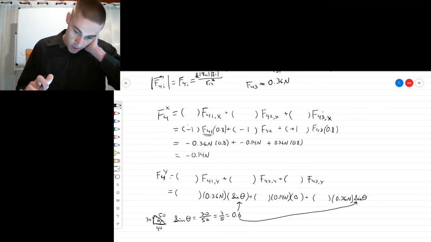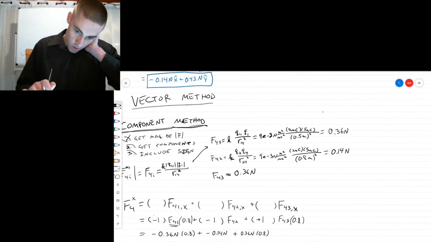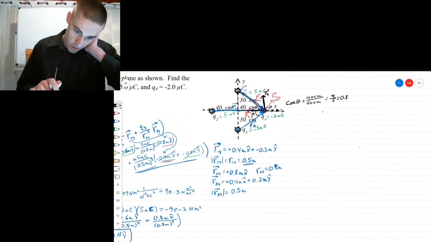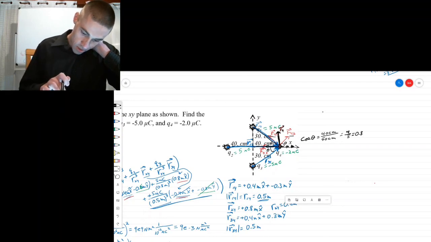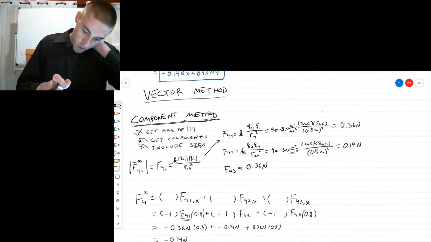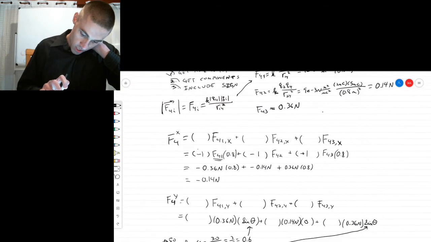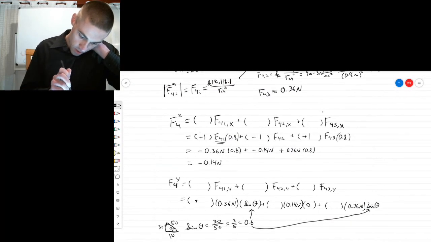And we can go back up at the picture now to just get the signs for this step 3. You can see that F42 has no y component whatsoever. F41 and F43 both have positive y components. So I can fill in both of those as being positive, plus 1, plus 1.